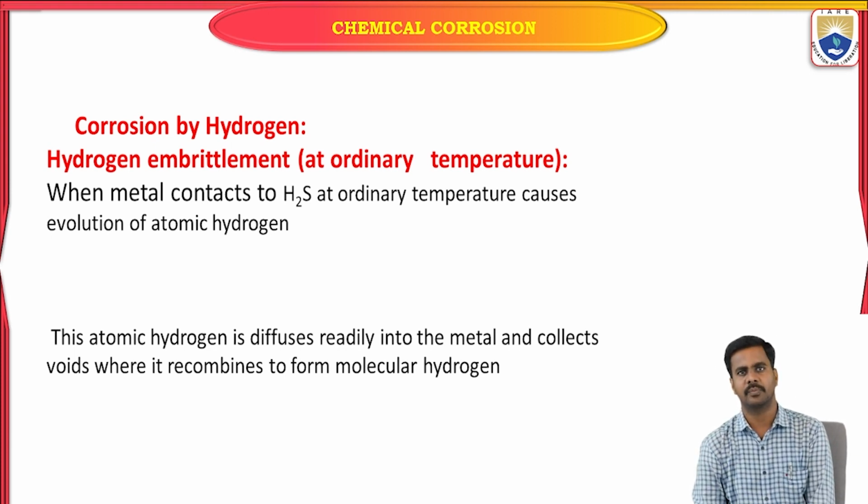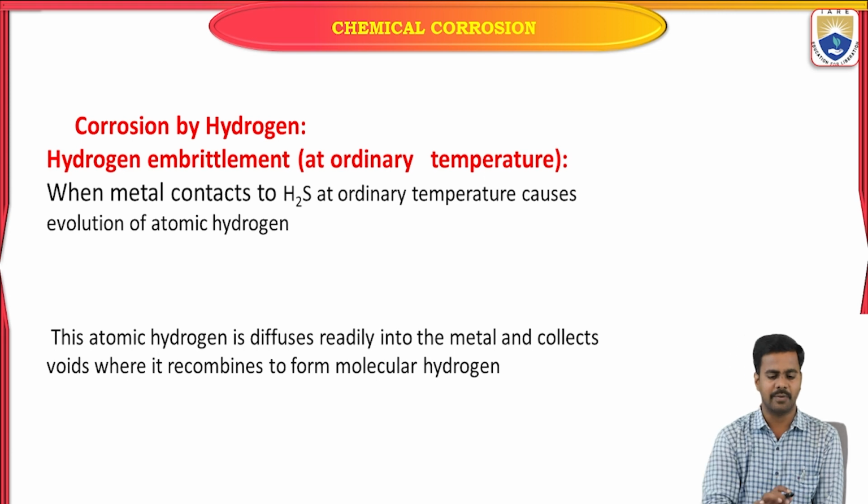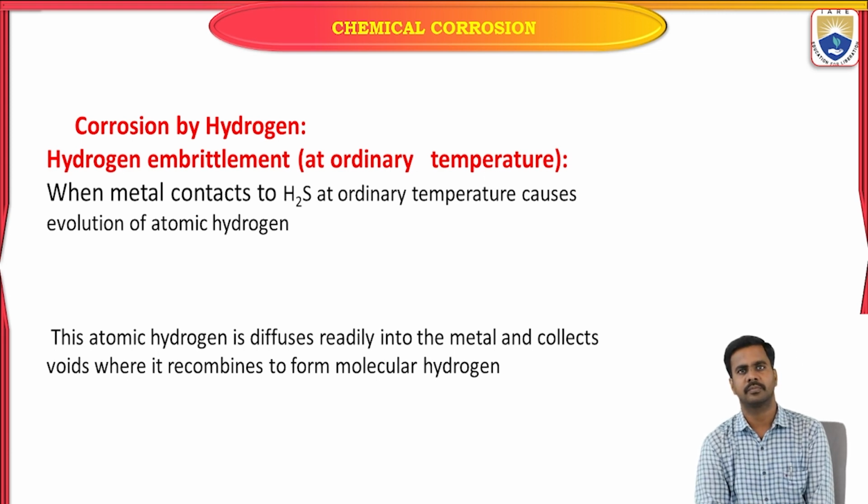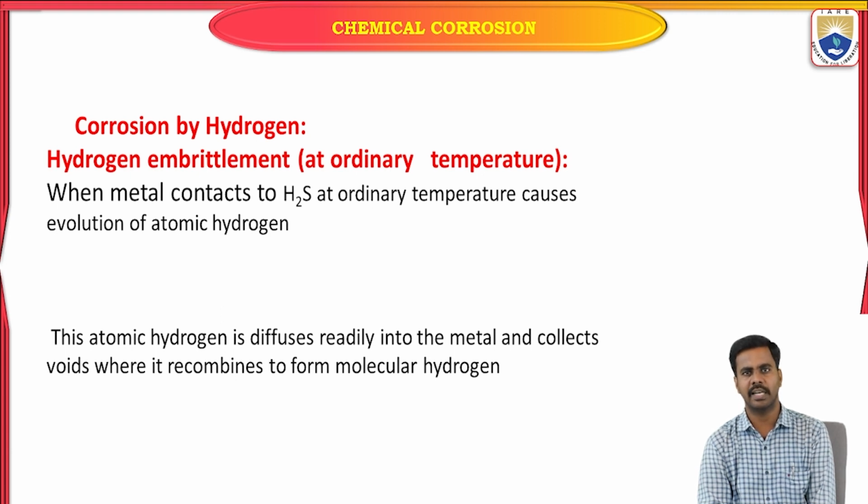So let us see how metal will be degraded by the attack of hydrogen which is present in the environment. Here two types of attack of hydrogen on the surface of the metal take place, that is at ordinary temperature and at high temperature.